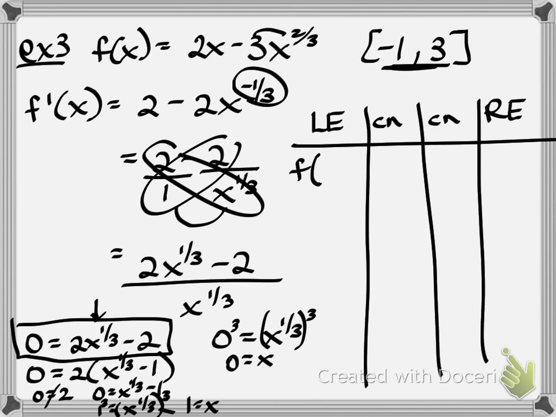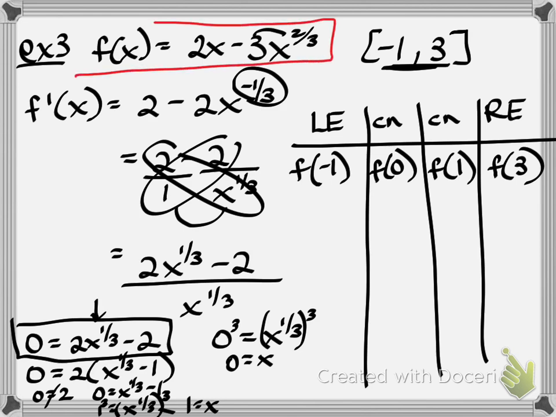So the left endpoint is negative 1. The first critical number we would come to would be 0. The next critical number would be 1, and the right endpoint is 3. You can plug this into y equals and check your chart. Again, I don't have my calculator, so plugging in negative 1 for me is negative 2 times negative 1 to the 2/3.